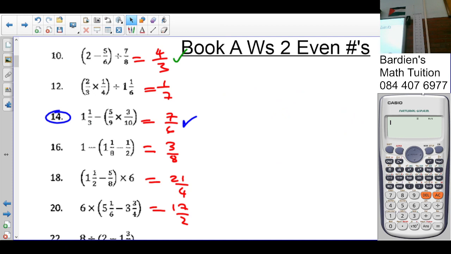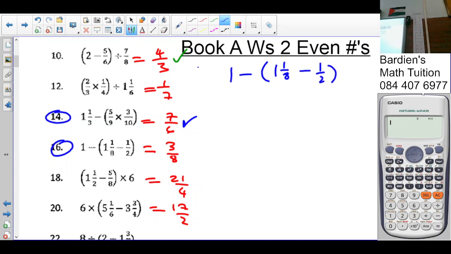Now coming back to that goal. Did you get number 12 right? Yes. Number 16. Right, now we're on 16. So read for me your first line. 1 minus brackets 9 over 8, which is correct, yes?